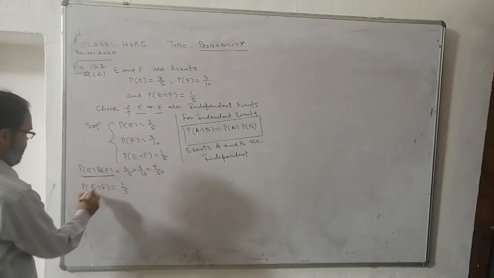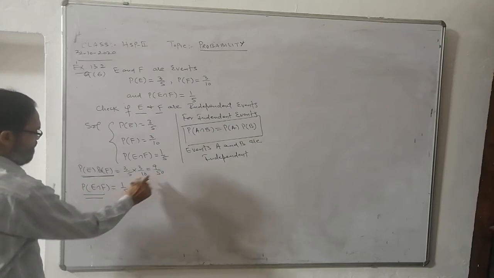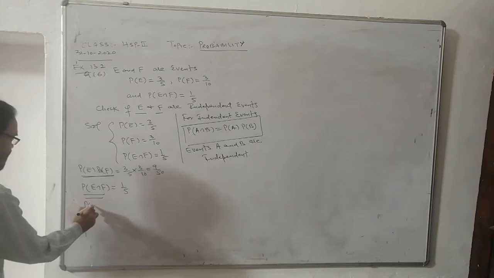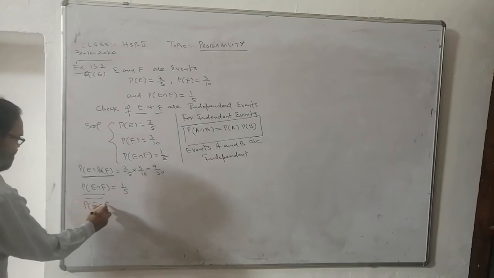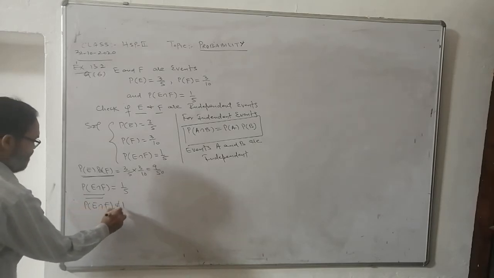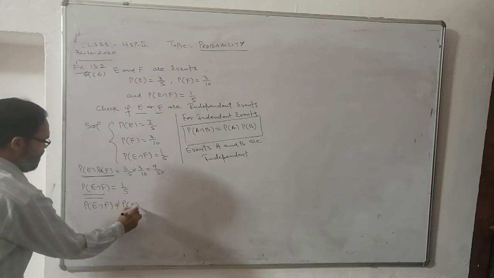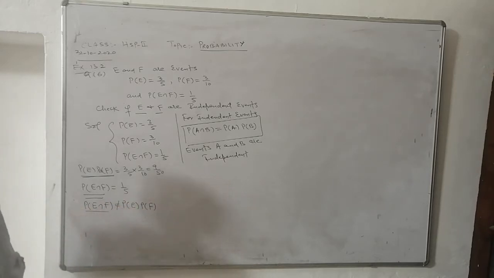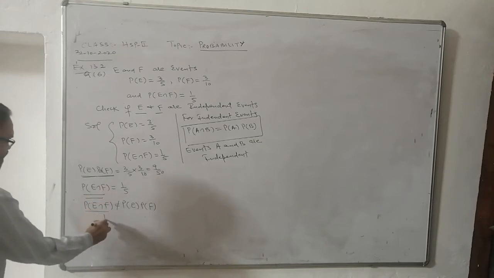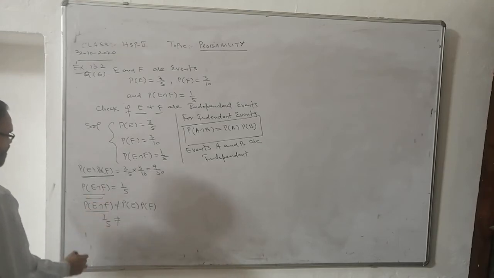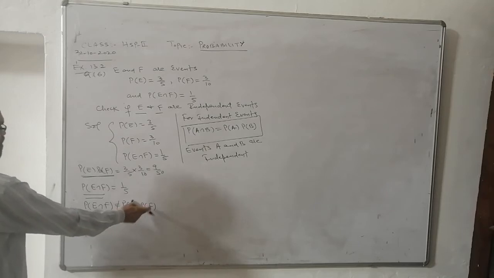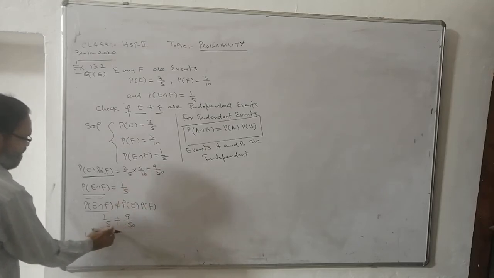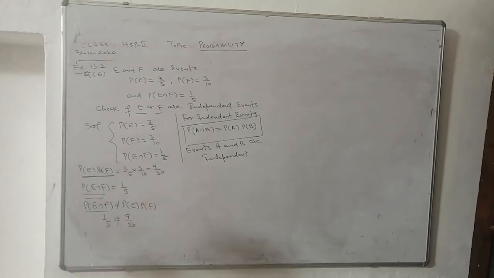So these two values are not equal. That means probability of E intersection F, which is 1/5, is not equal to probability of E into probability of F, that is 9/50.